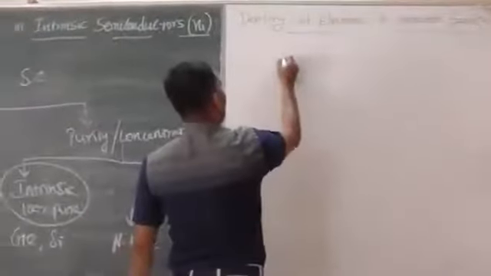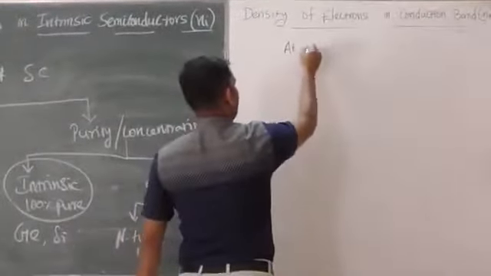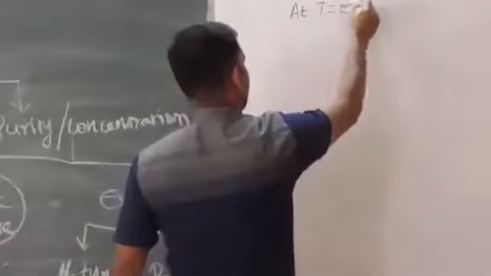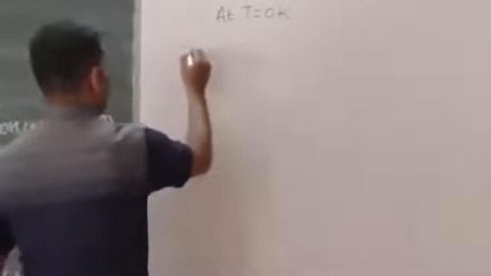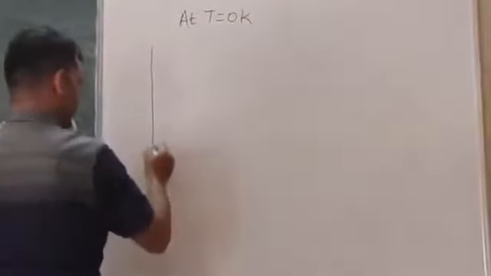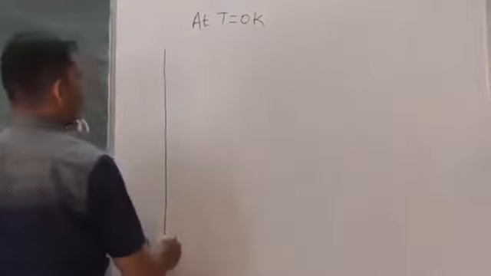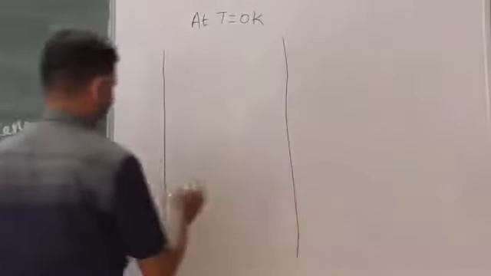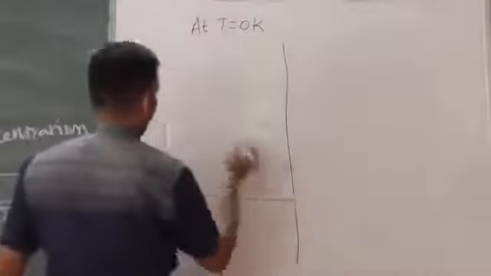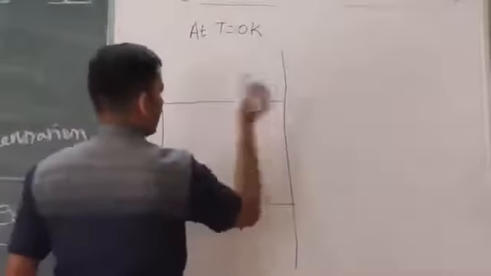At temperature 0 Kelvin, in the case of a semiconductor we have a conduction band and a valence band.